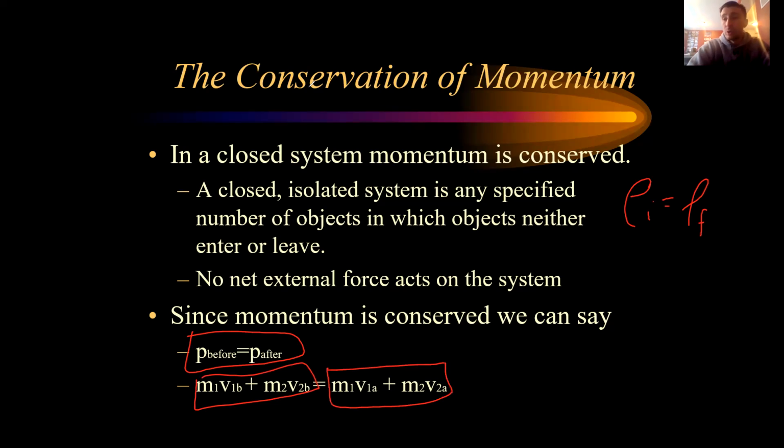We're going to be creating our own equations here, just like we did in our energy chapter where we picked the point. We said, at the top of the roller coaster, what kind of energy did it have? Well, it had kinetic, it had potential, it didn't have spring, right? So we would write that out. At the bottom, what did it have? Well, it had this, this, and this, and then we write that for a final. It's kind of the same thing here. You're going to be comparing a before and after instead of different points.